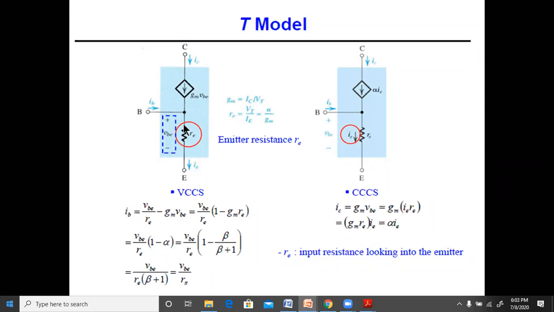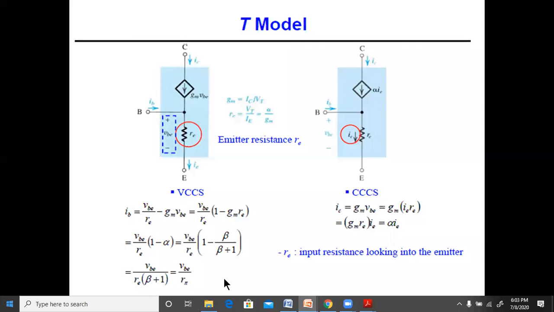IE is nothing but the voltage VBE divided by RE, and that's what we have written here, minus the IC which is GM VBE, and that is what is written here. So again, VBE by RE you can take common, 1 minus GM RE you'll get, and this value of GM RE is nothing but alpha.